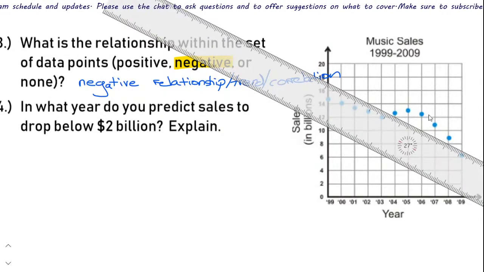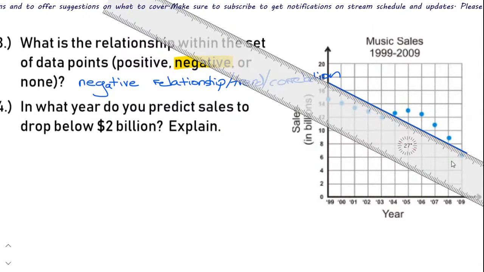I'd say about there, because I think this has thrown us off, because it kind of bounces right here. So I'm going to go with that for our line of best fit. So if I was to draw that, something like that.